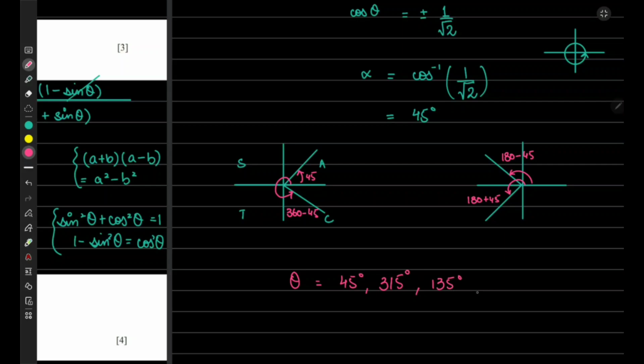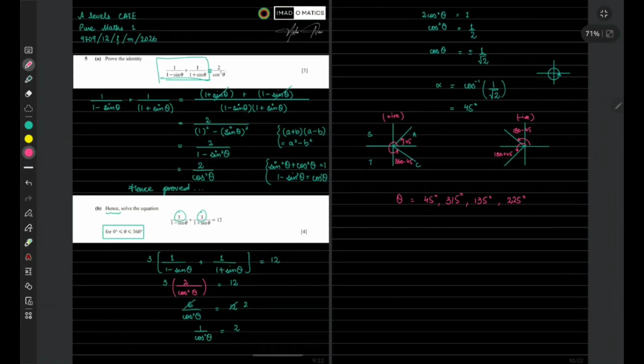And 180 plus 45 is 225. So these are for negative cos and these angles are for positive cos. So this is how we solved the equation, meaning we found the values of theta.